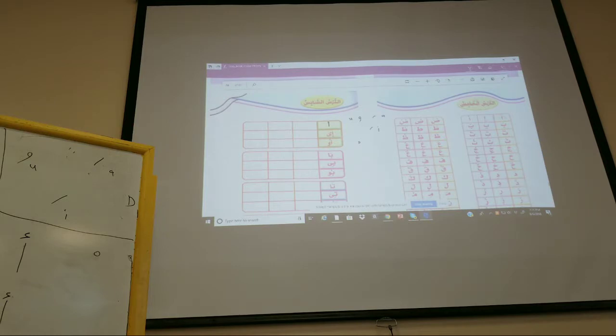So you have the alif with the fatha, A, E, U. The next one, ba, bi, boo. Point at it, change the page, and let's point at it.